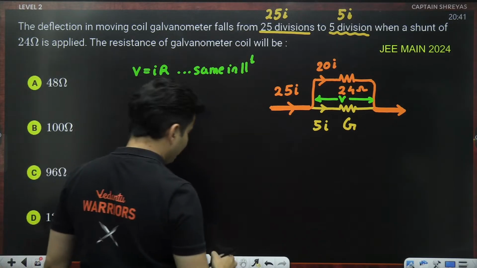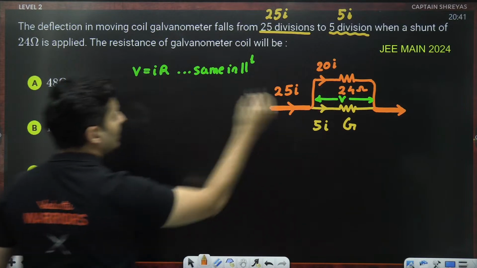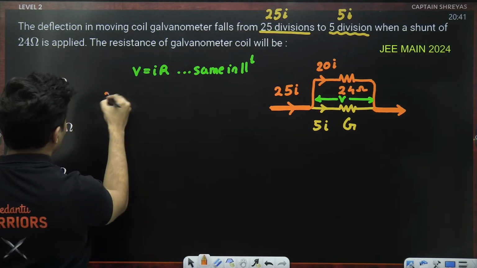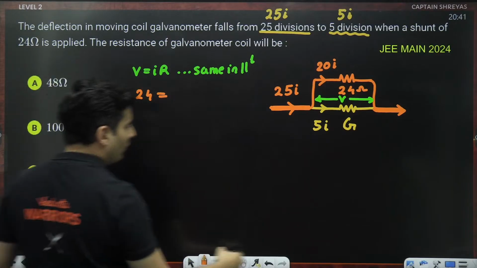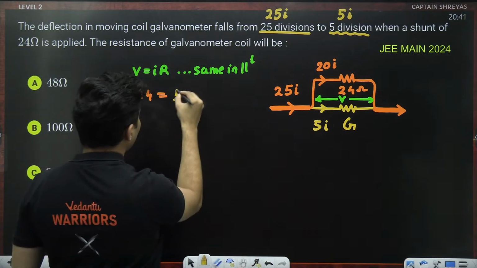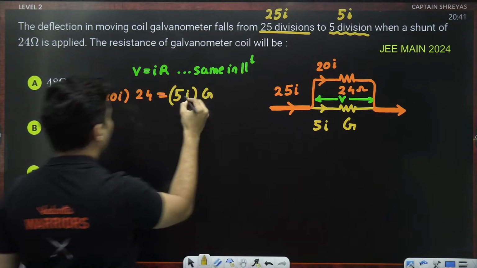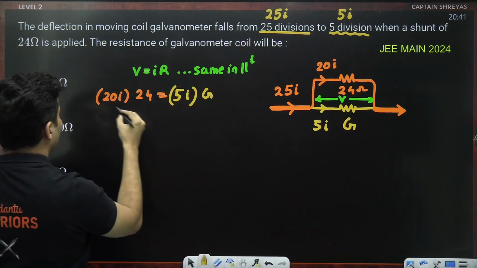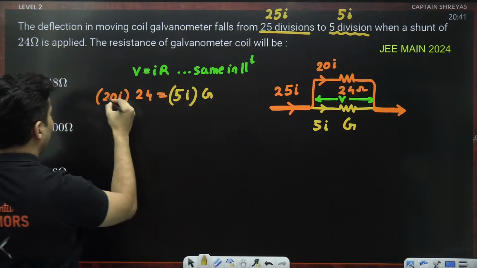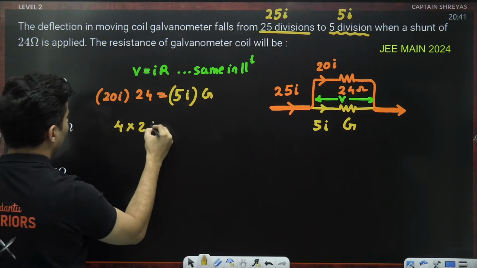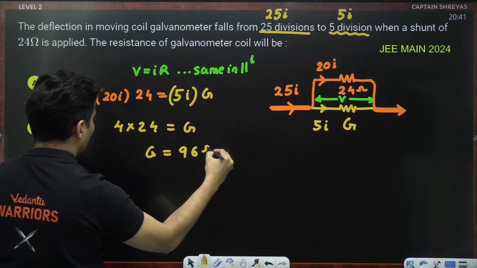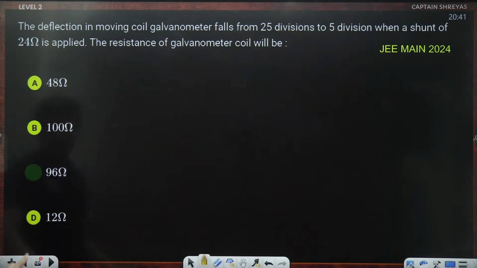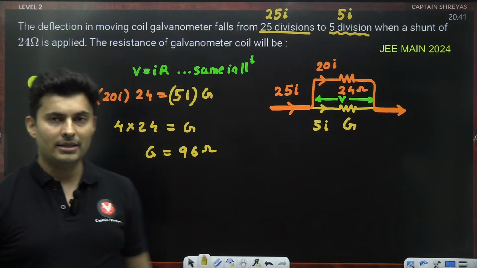Therefore, for the shunt, current into resistance will be 20I into 24. For the galvanometer, it will be 5I into G. I cancels, 5 and 20 will cancel, it becomes 4. 4 into 24 is equal to G. So G is basically 96 ohms. 96 is C. Yes, perfect.